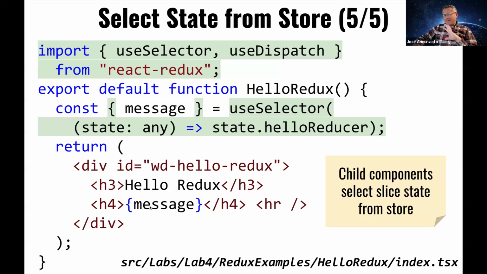Make sense? So I have, way out there, a slice producing the state object of message hello world, it gets into the store, gets into the provider, and then back here with the use selector. Make sense? So basically what we've done is that we've separated the concerns of managing the state and rendering the state.